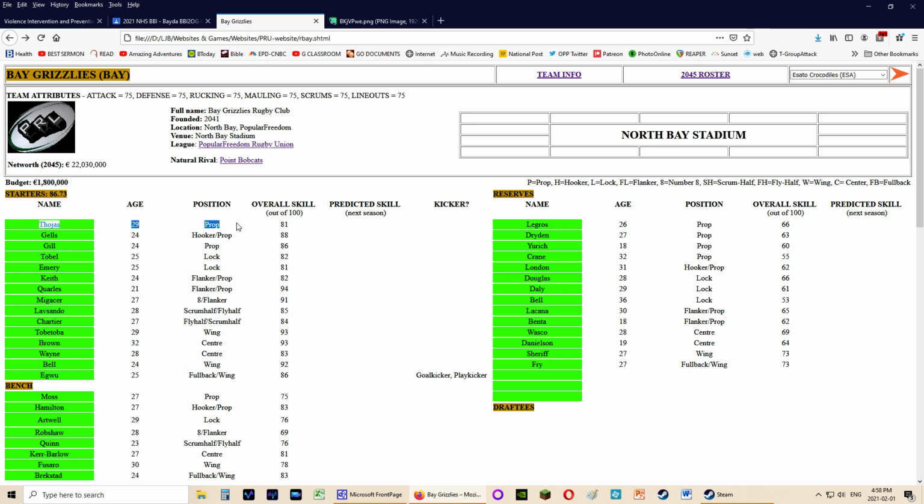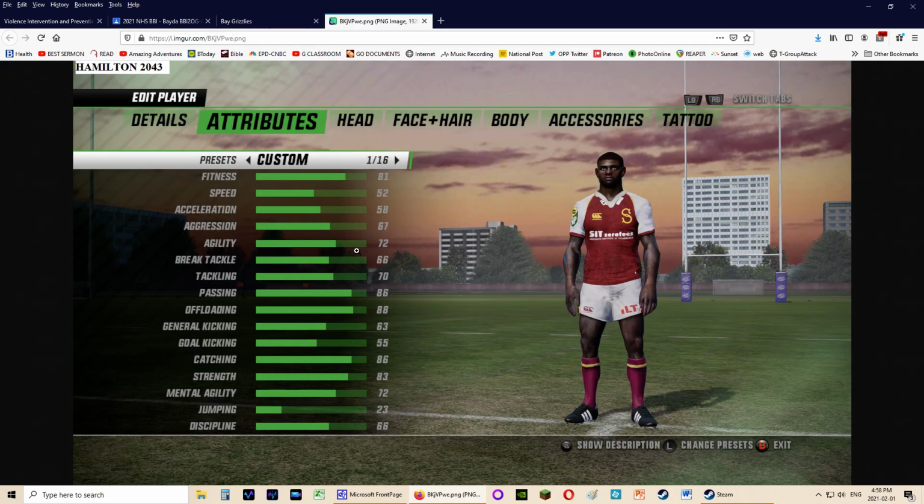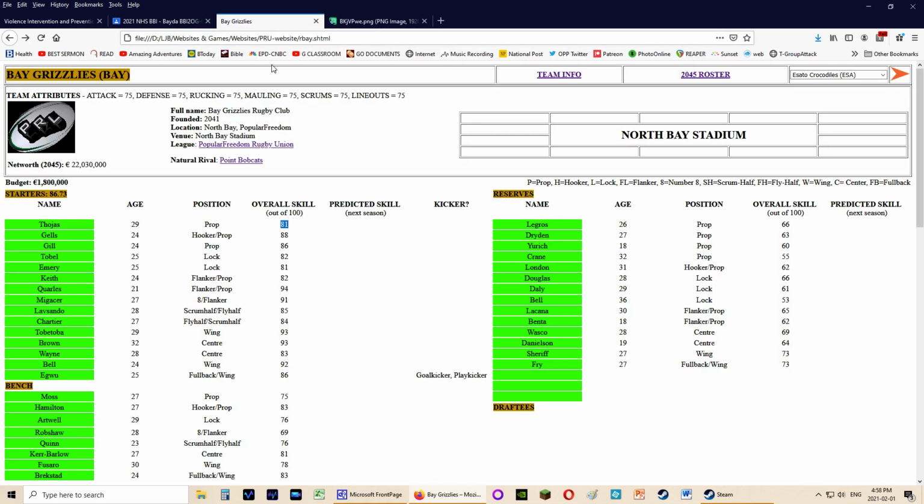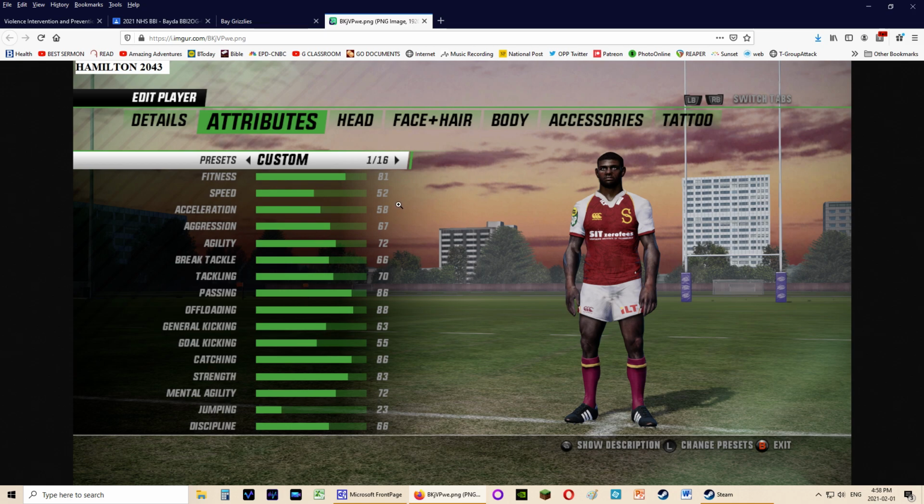Now, these players all have a certain value, which we'll explain later, based on their skill rating, which is determined upon the skills that they have. Okay, so these all equate to this, out of 100. Okay, and each one of these can be as high as 100 or as low as 0.